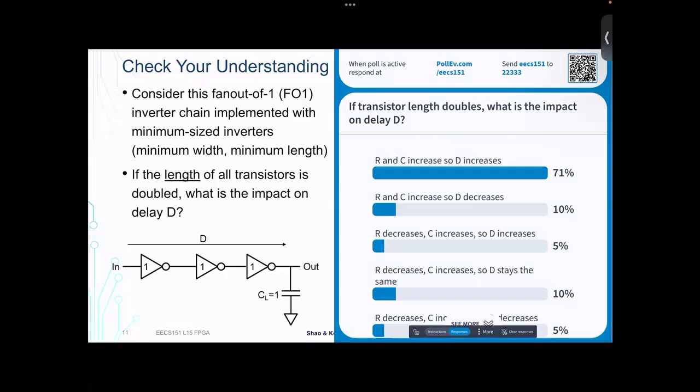If length changes wider or narrower, what's that going to do? Any questions about it? All right. Put my Legos away.